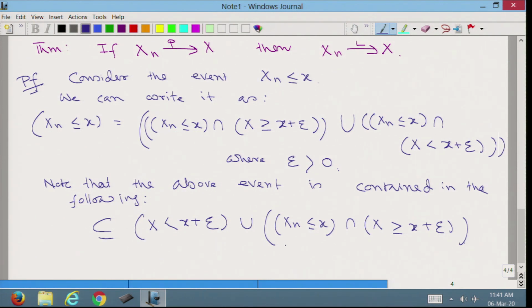Because I am keeping the same event here, these two are same, but this is a super event of this one, as we have deleted this condition.